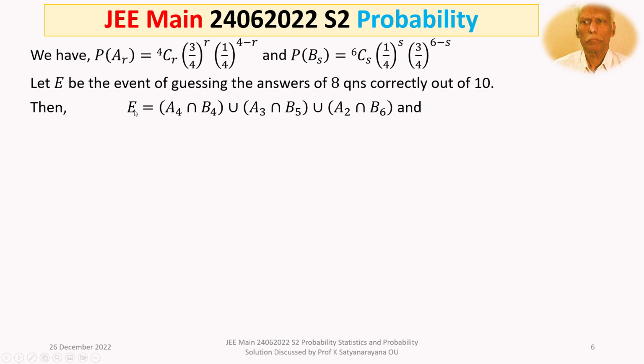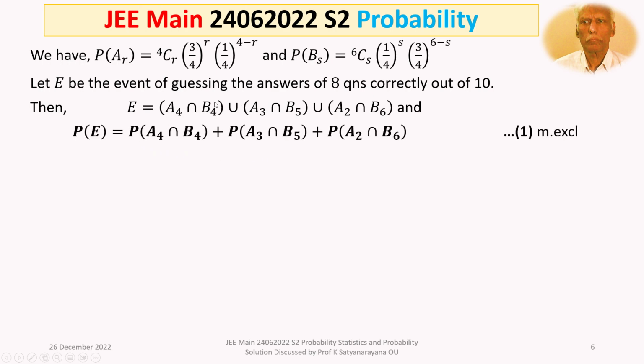Then this event E is given by A4 intersection B4 union A3 intersection B5 union A2 intersection B6. Then let's take the probability. The probability of E is equal to the probability of A4 intersection B4 plus the probability of A3 intersection B5 plus the probability of A2 intersection B6. Let's call this equation 1. Why is this plus? The plus is coming because they are mutually exclusive.